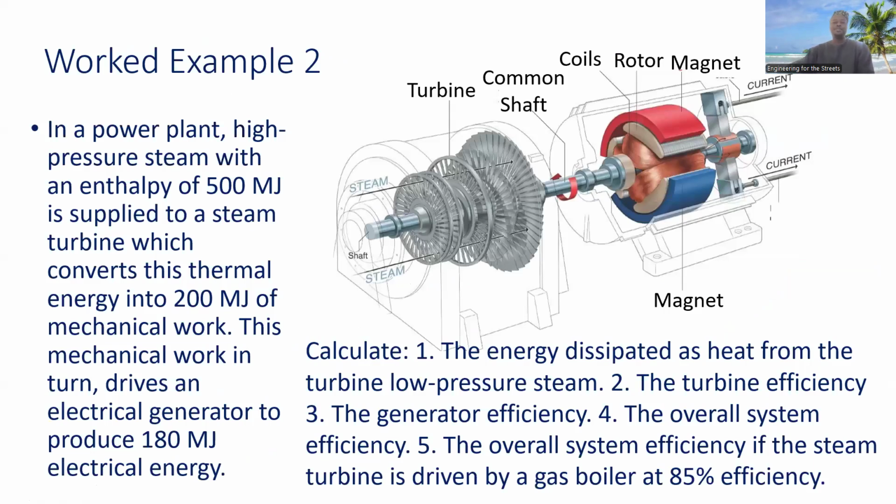Okay, let's do another example. In this diagram, you see a power plant, basically, a steam power plant. The steam could have been generated from gas, from some other source of primary energy.